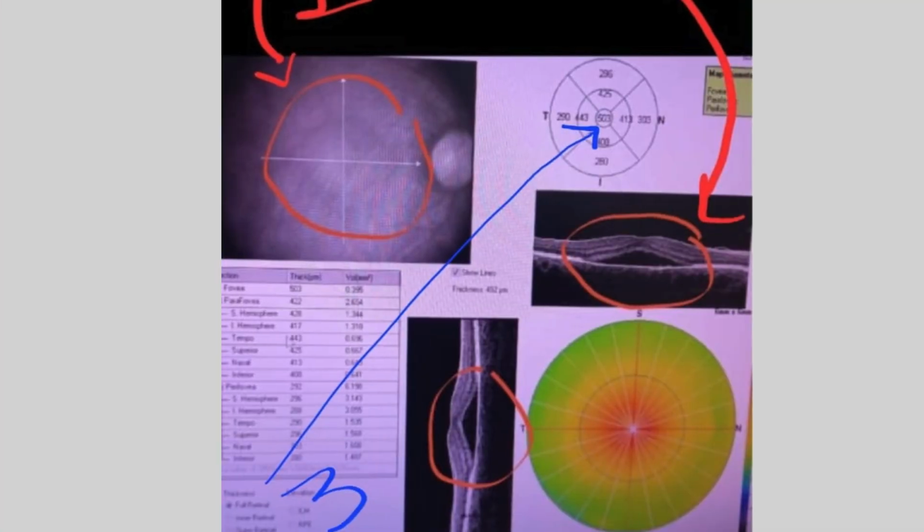So this is a very beautiful image of a patient presented to my clinic, and here we can see in number 1 section there is dome-shaped elevation of the central macula, and number 2, in the cross-sectional area of retina we can see the elevation, and under the elevation there is fluid, subretinal fluid.